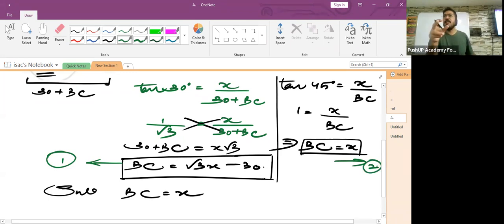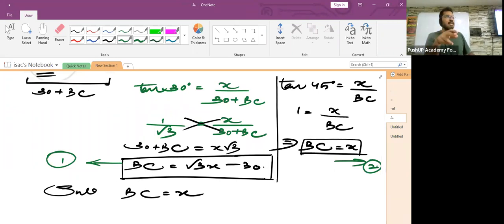Label it in the board paper also, because the examiner has to give you marks for these two equations. Each and every equation carries 1 mark. If you label it as equation number 1 and 2, your examiner will find it very easy to give you marks. Otherwise, he will waste his time searching for your equations.